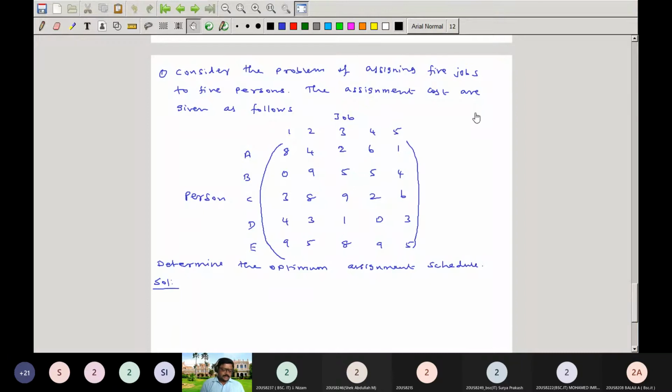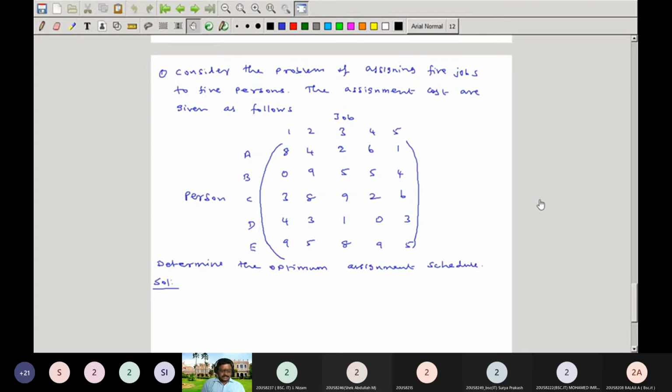Subdivision C: tick mark the rows not already marked that have assignments in marked columns. Repeat B and C until no more marking is required.